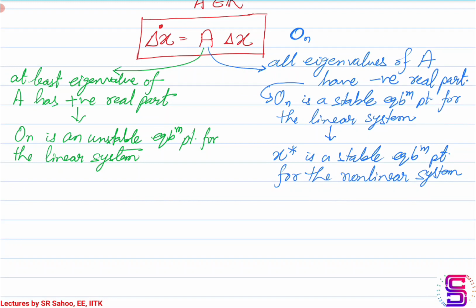And on top of it, this will imply that the equilibrium point of the non-linear system, that is x star, about which this linearization was performed, this process is called linearization, is an unstable equilibrium point.